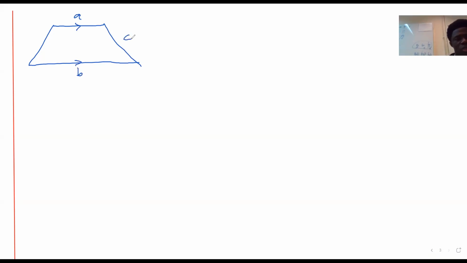Let's say you're given this slant side and angle theta. If you are given this angle, you should be given this side, unless you have an isosceles trapezium. Isosceles trapezium is the one in which the slant sides are equal, then the base angles will be equal. Isosceles trapezium, just like we have isosceles triangle. Now, without this, let's get rid of this first.